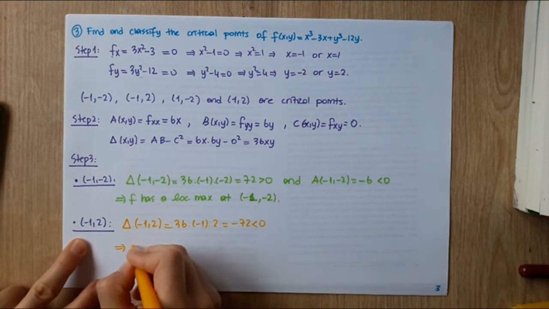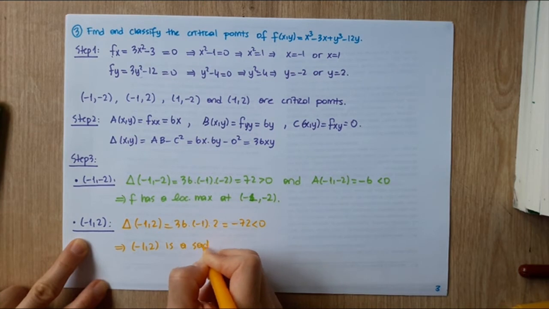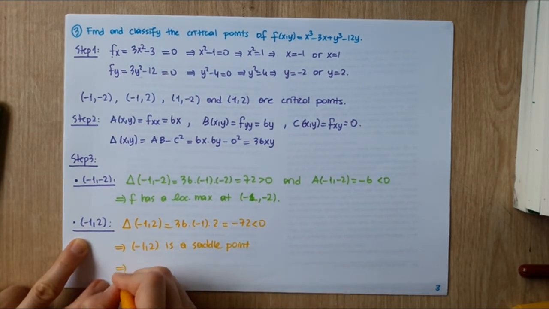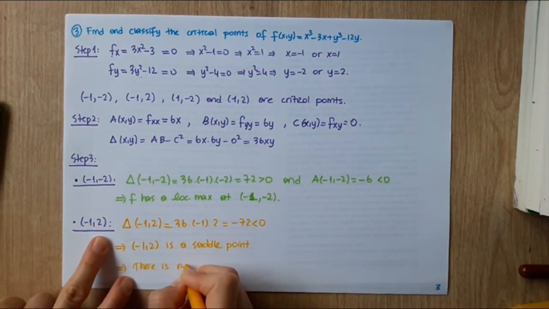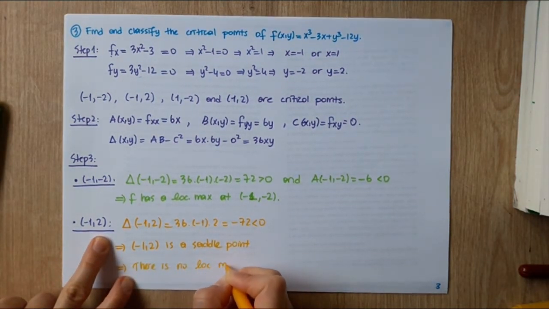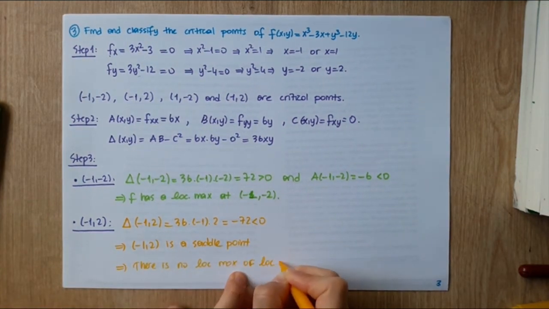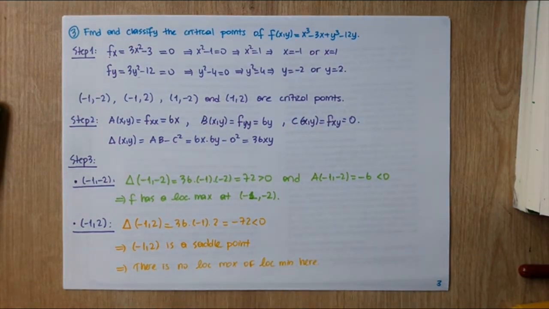So here we can say that minus 1, 2 is a saddle point. So there is no local max or local min here.